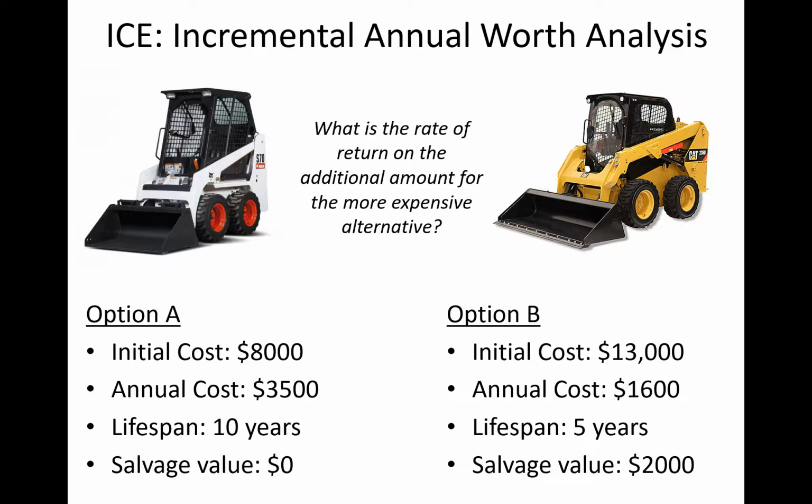We know the initial cost for both of these items, and we know their annual operation and maintenance costs. So you see that for both of the alternatives. One of the options lasts longer than the other. They have differing salvage values.